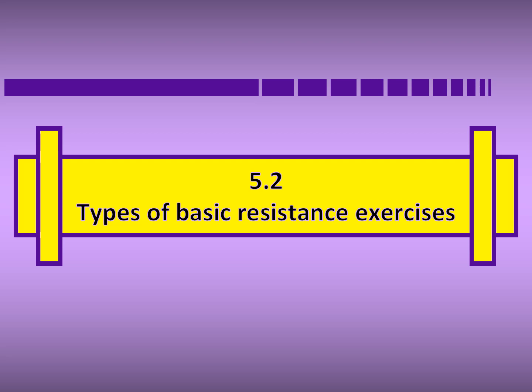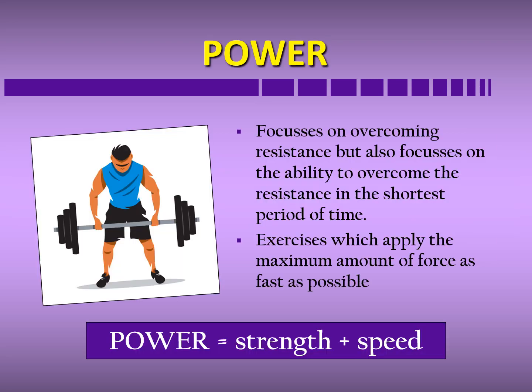Now we are focusing on chapter 5.2, which is types of basic resistance exercise. As I told you earlier, we have power. Power focuses on the ability to overcome resistance in the shortest period of time with high load.